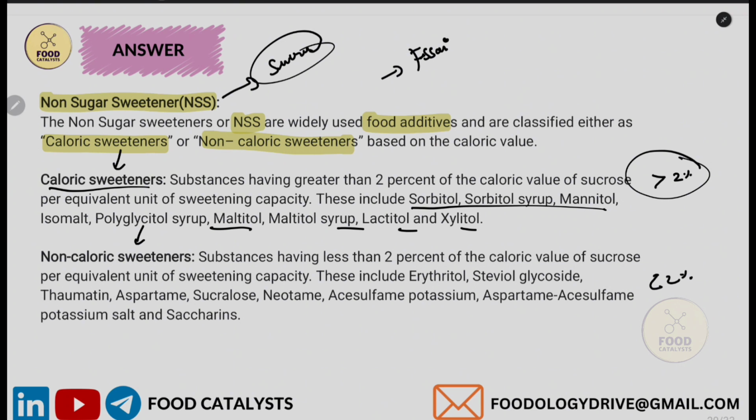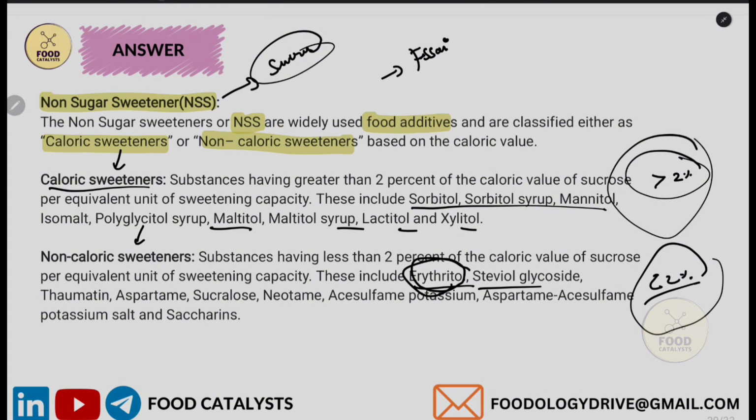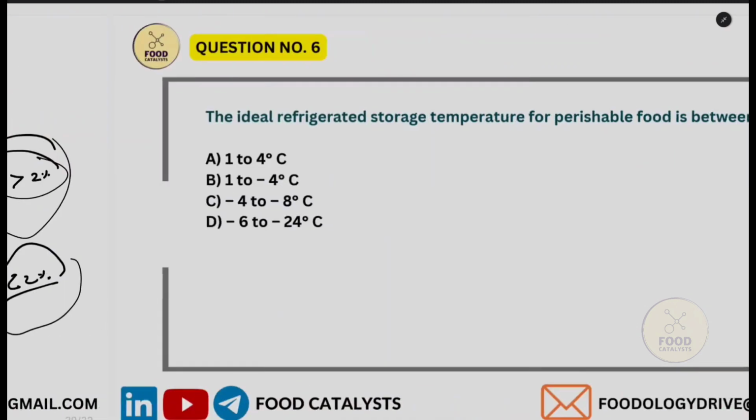And in case of non-calorific sweeteners, we have erythritol, which is the exception. Okay, and stevia, thaumatin, aspartame, sucralose, neotame, acesulfame, and then saccharin. Okay, so these are non-calorific. See, this value is important. This is less than 2%. This is greater than 2%. Okay, this definitely can be asked in some questions.